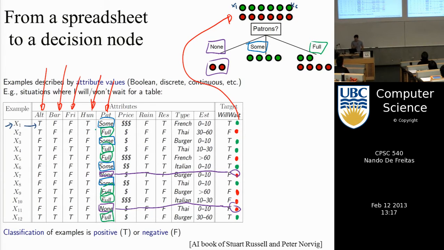And if you look at the green guys, this person didn't wait, this person waited, this person didn't wait, this person also didn't wait, neither did this one, but this person did decide to wait. And in effect, 2 people waited and 4 people didn't wait for when the variable patterns was set to full.